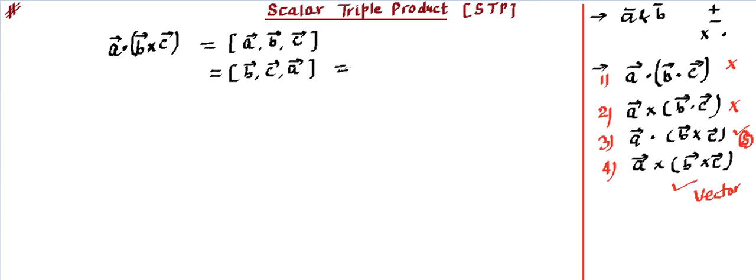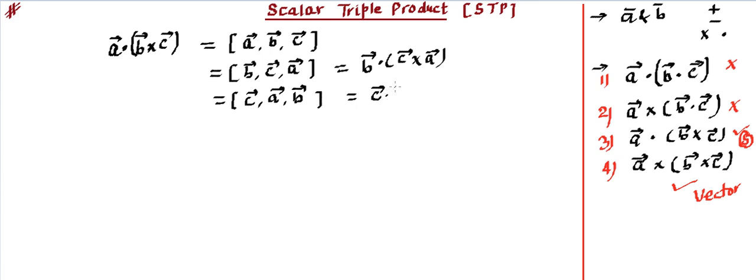And if we want to write it in terms of this, basically B dot C cross A. Moreover, this is also going to be equal to, in the same cyclic order, C, A and B. So this value is also going to be equal to C dot A cross B.